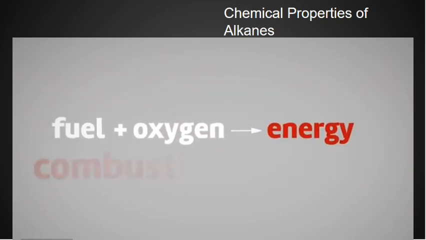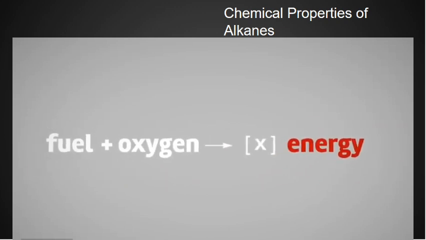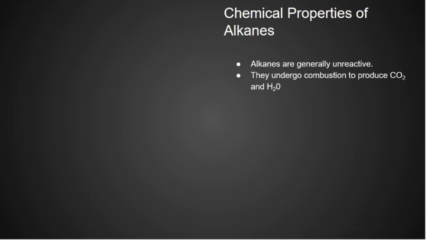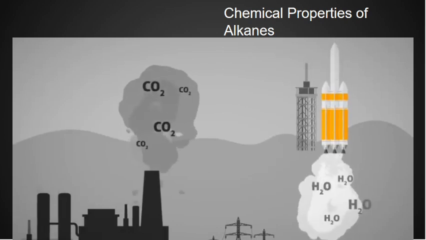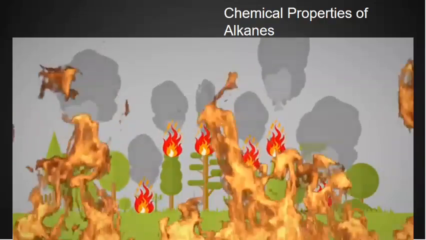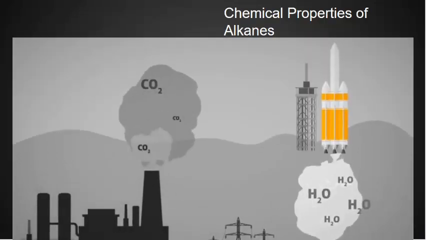Now, when you burn something, you can have either complete or incomplete combustion. When you have complete combustion, it results in the production of CO2, which is carbon dioxide. The good part is that if we have carbon dioxide in our environment and we have plants, the plants will make use of this carbon dioxide to produce their own food.